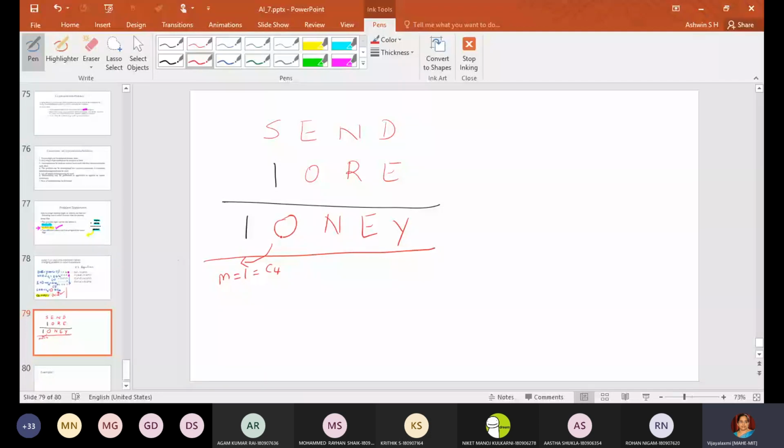So if this has given rise to C4, now S plus 1 should be greater. See, this is O, it is not 0, don't get confused. So S plus 1 should be greater than 10. That is how you analyze it. S plus N should be greater than 10. Then only you get a carry 1, which will be equal to C4 equal to M.